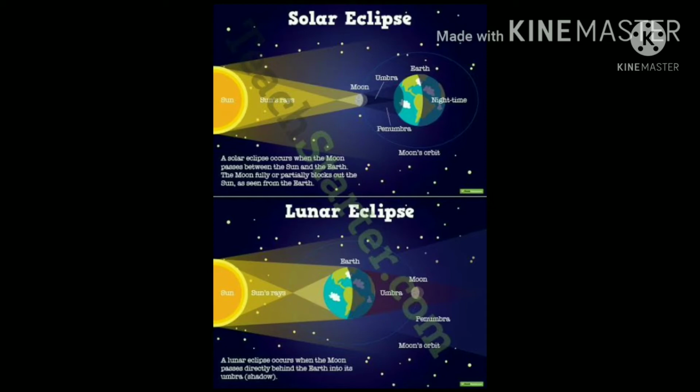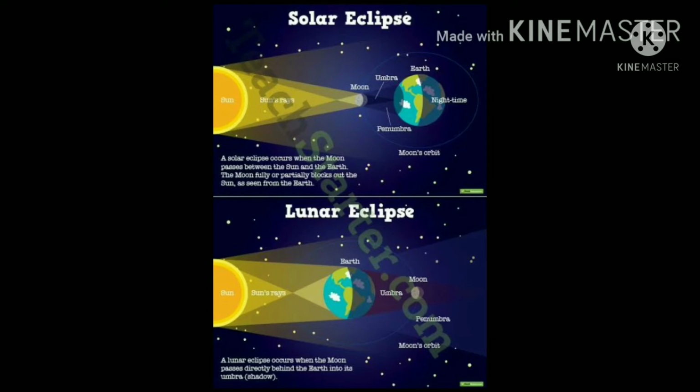The moon is moving around itself, and earth is rotating around itself and around the sun also. While this rotating, when these three celestial bodies, the sun, the earth and the moon, are in a straight line, what will occur? An eclipse will occur. Okay.